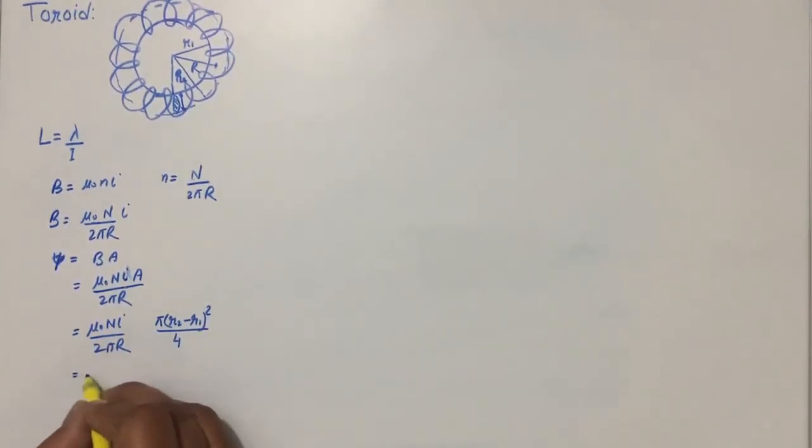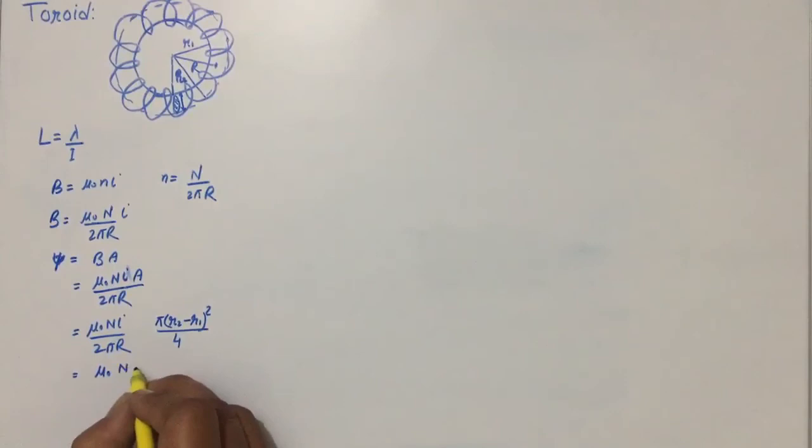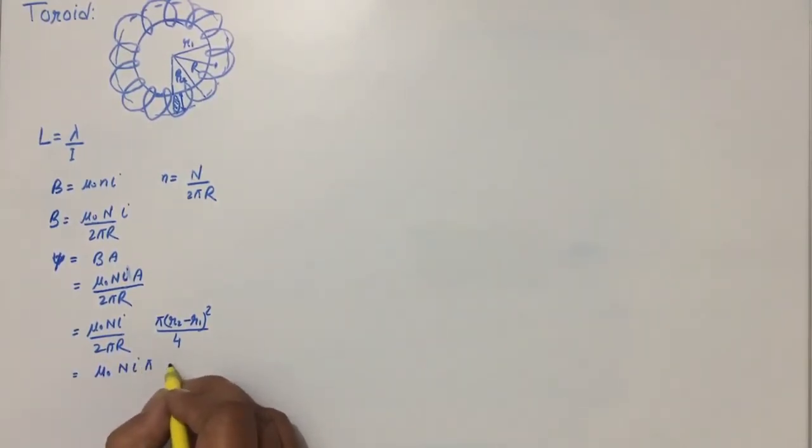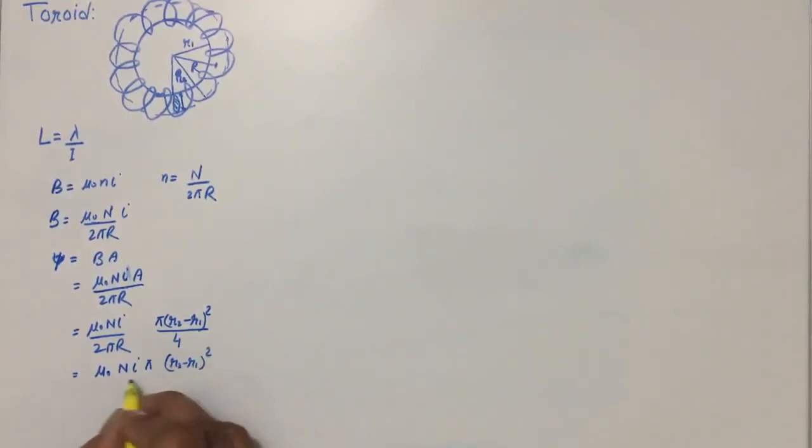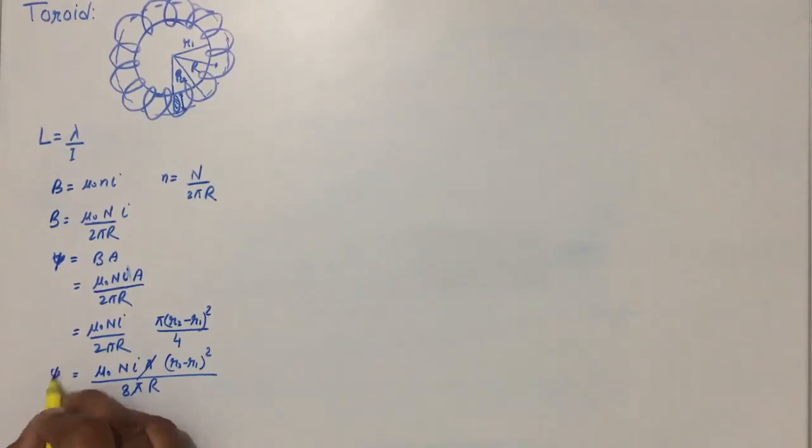Put it here, it will give us mu naught N I pi times R2 minus R1 squared divided by 8 pi R. Some parameters will be cancelled out, so we can write this is the flux.